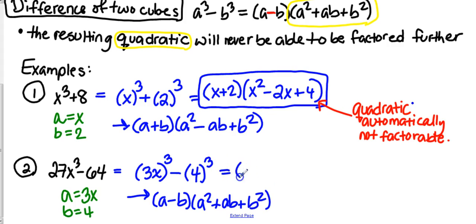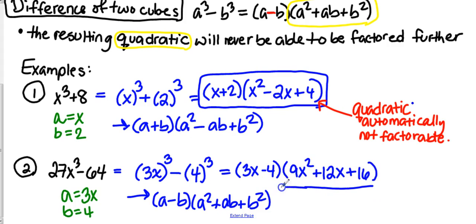So A minus B becomes 3x minus 4, and then we've got A squared, so that will be 9x squared plus AB, 12x, plus B squared, 16. That's as far as we can go. Because this quadratic is not factorable any further, you need to use the quadratic formula to keep going.